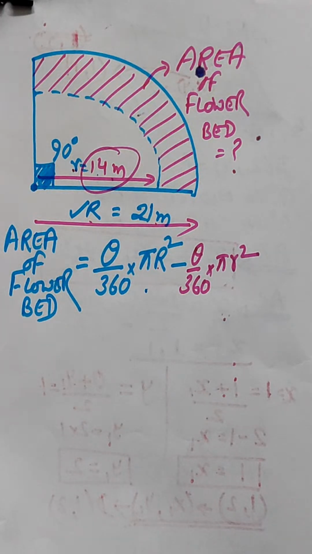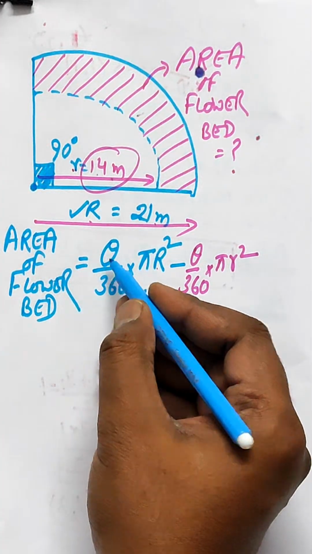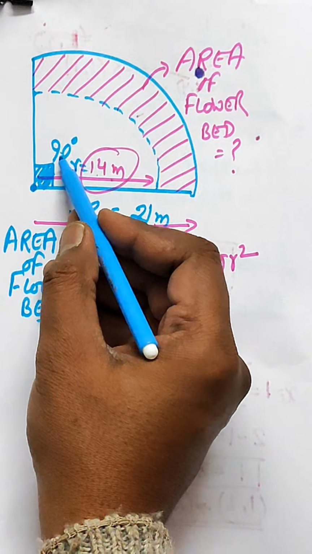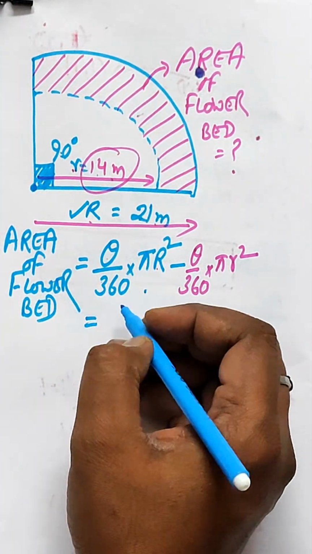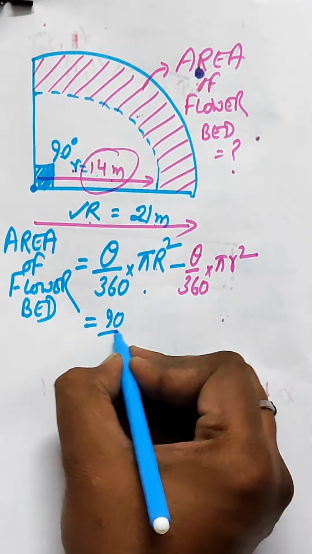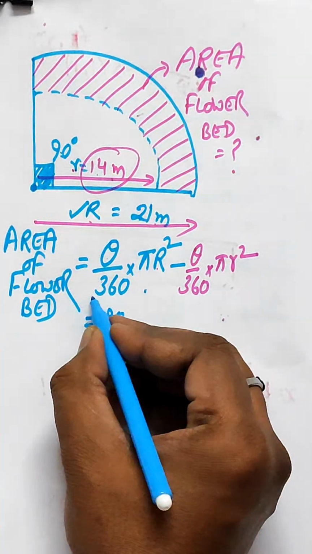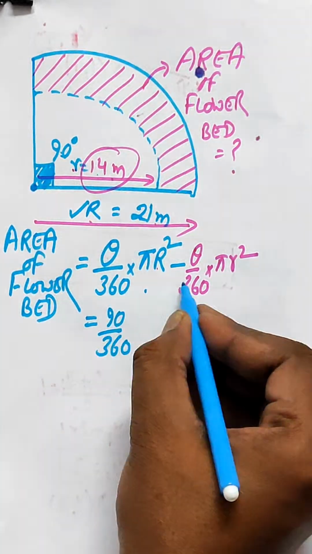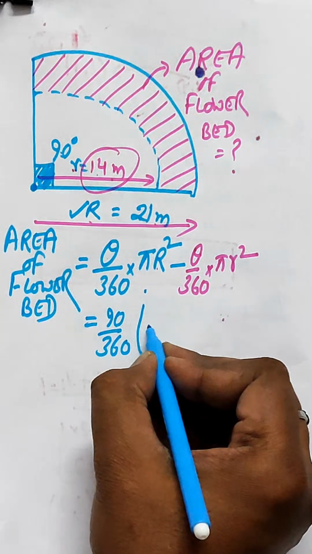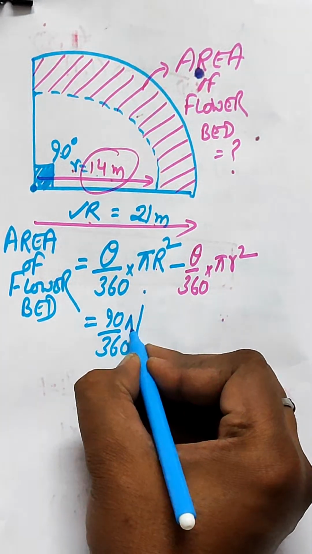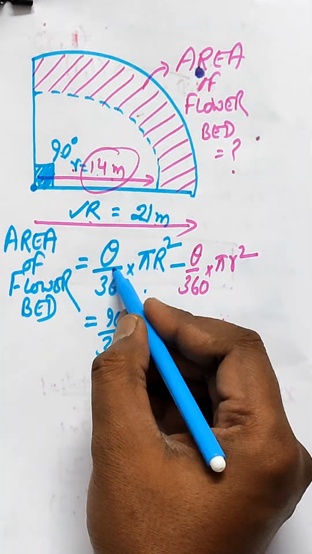Right? So in place of theta we will put this 90-degree, right? So 90 by 360 will be coming as common into both these numbers. So we are left with, even you can take pi as common, right?